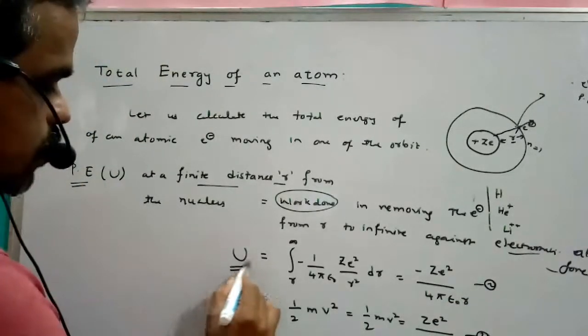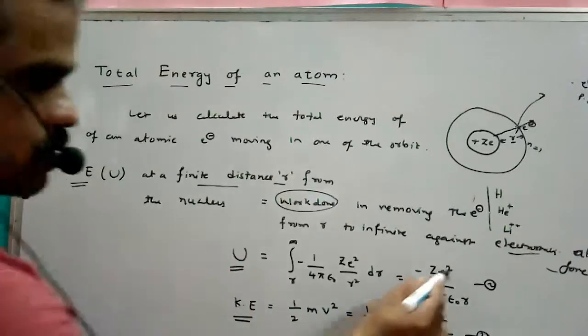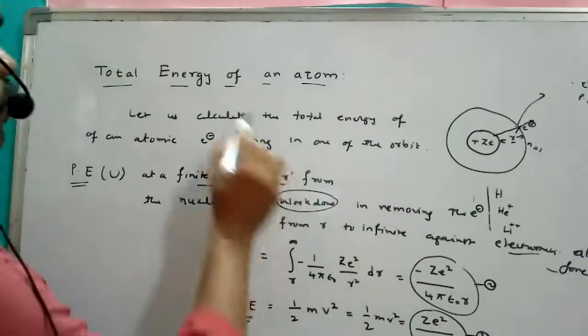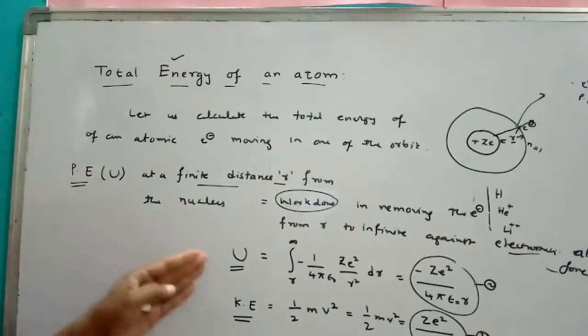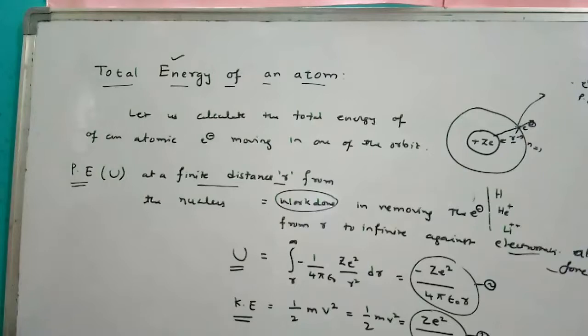So we calculated potential energy and we calculated kinetic energy. What we want to calculate is the total energy of an atom. If we add these two terms, we will get the total energy.